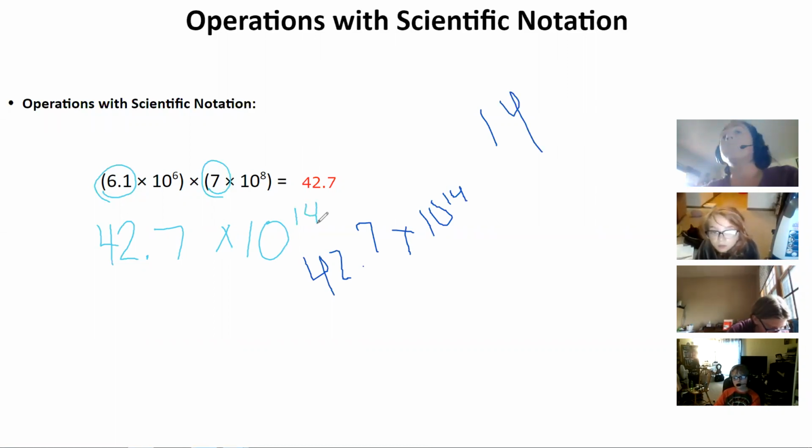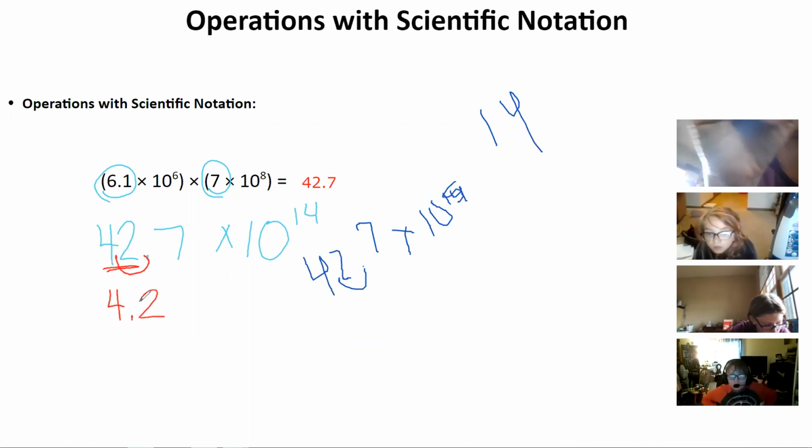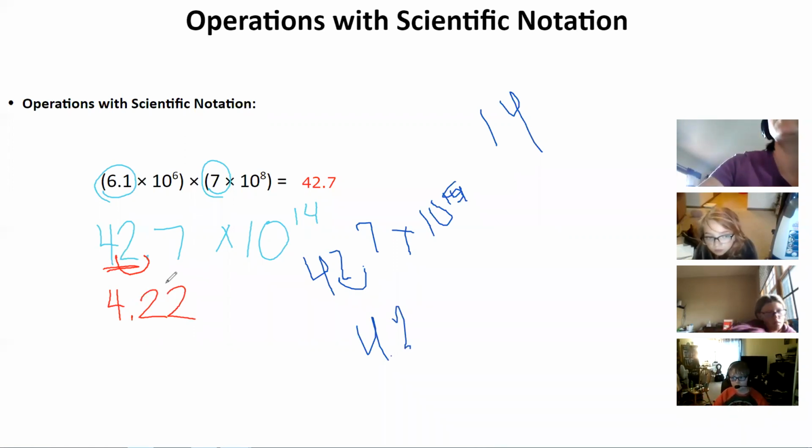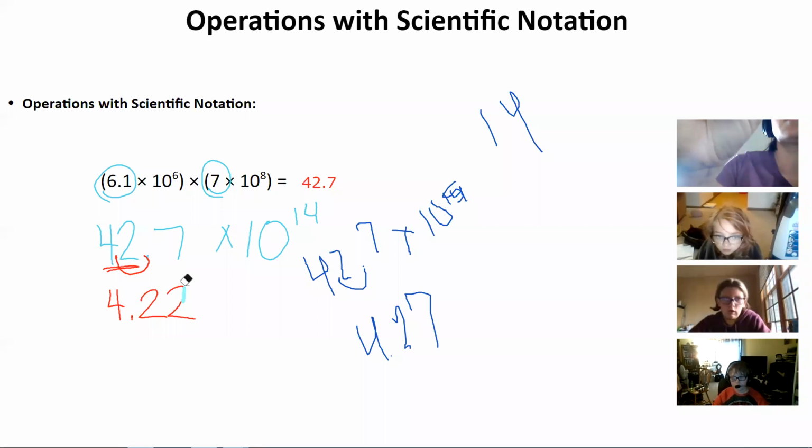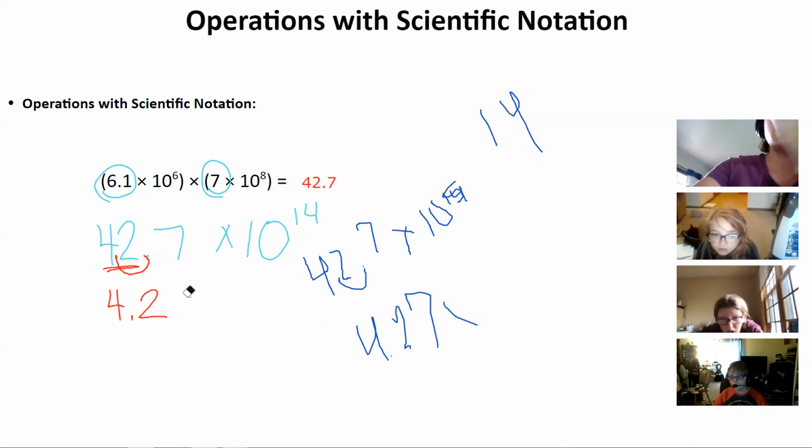Now, here's the issue. Because we can't have a 2-digit number in front in scientific notation, I have to move that decimal, and I'm just going to move it one spot to make it right. 4.27. Oops, not the other 2. Where's my eraser? There it is. Yeah, we need it to say 4.27.